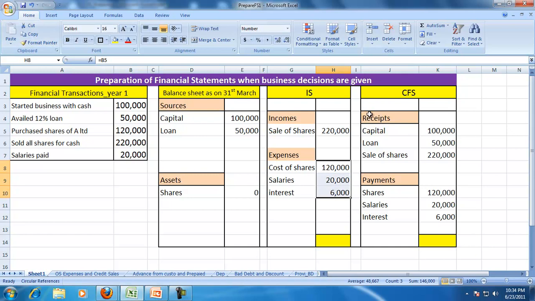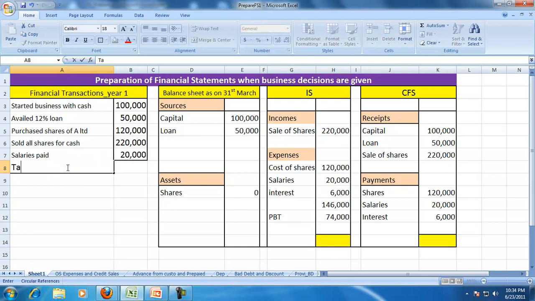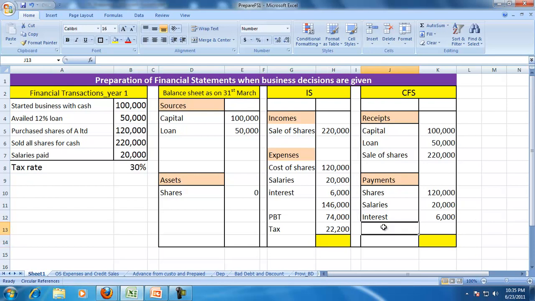So let us find the profit. Profit is equal to income minus expenses. So profit before tax, so 220 minus this. Let us assume that tax rate is equal to 30%. So tax is equal to 30% into PBT, multiply that, and if that also I'm paying, okay, so tax payment, we pay the tax.